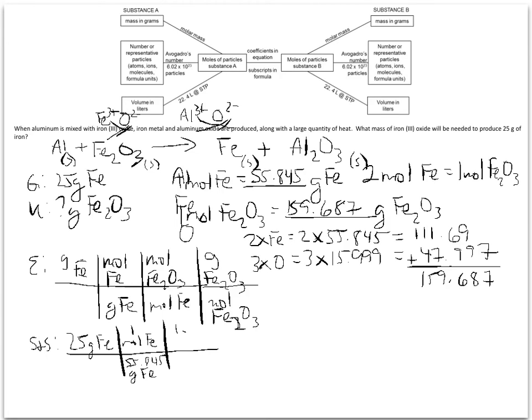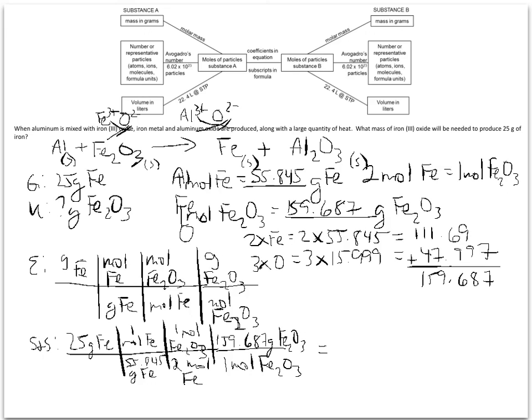So there's 1 mole of Fe2O3 for every 2 moles of iron. And then the last step is the last equivalent statement, our molar mass for iron 3 oxide. So we have 159.687 grams of Fe2O3 is 1 mole of Fe2O3, or iron 3 oxide.